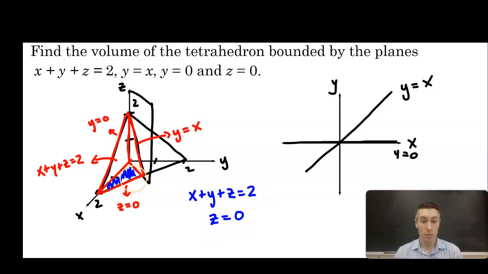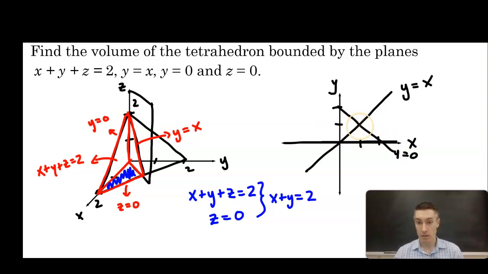The intersection of those two planes is right here in front, and the intersection would be x plus y equals 2. So sketching that curve, our region is this triangular region right in here.